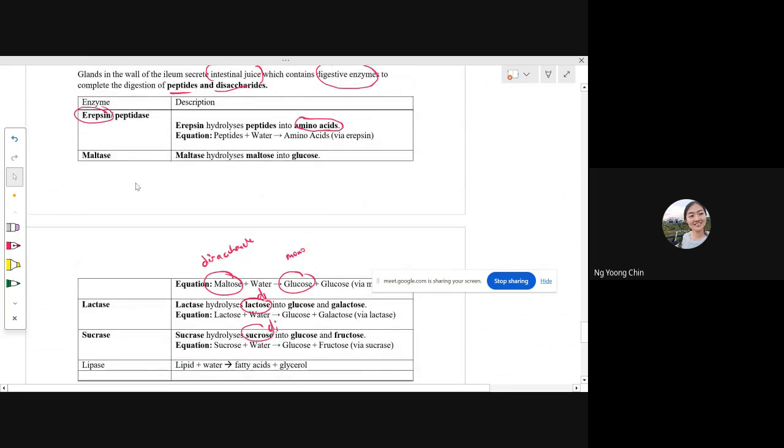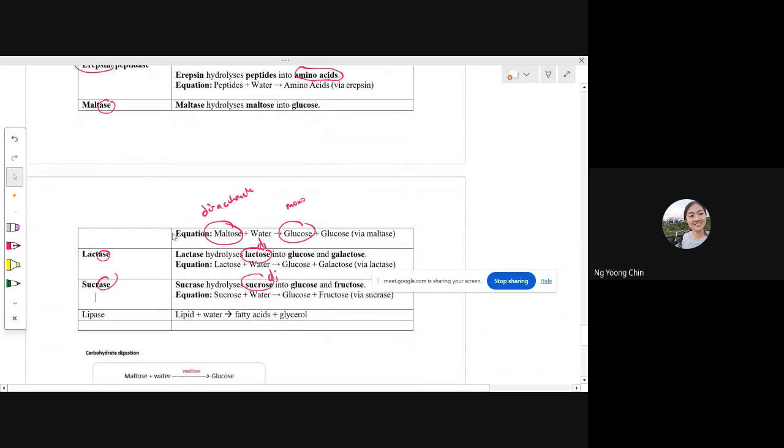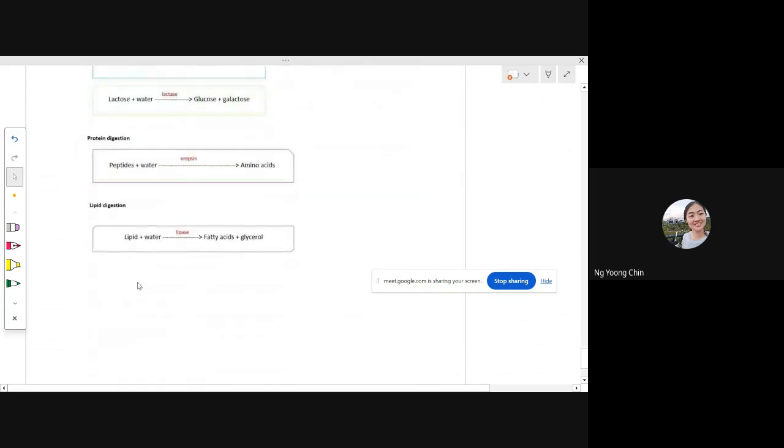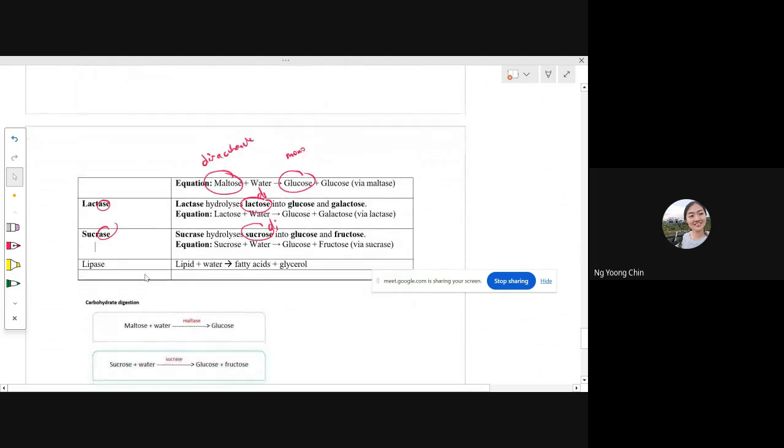You can notice that for enzymes there will be the ending ASE, ASE, ASE. Whenever you see this ending, you know that it refers to an enzyme, like lipase. Okay, so those are the processes of digestion.